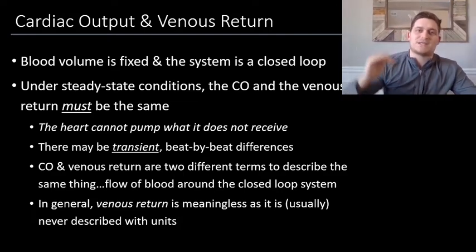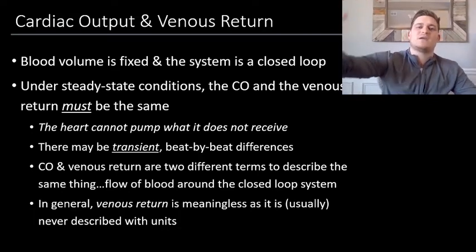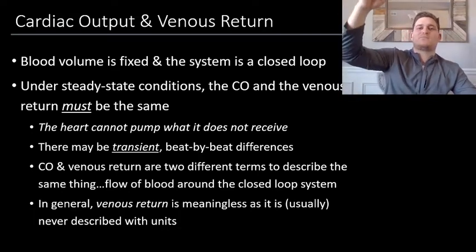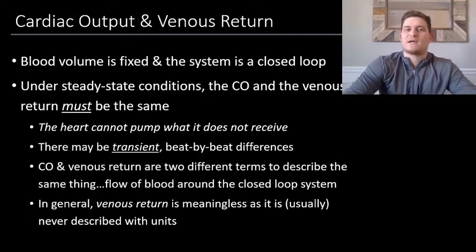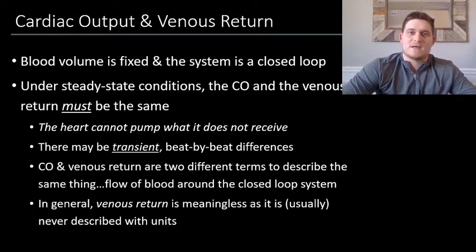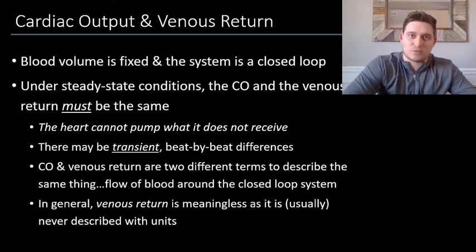So if you're going to keep up with a certain output from the heart, there needs to be enough venous return, enough blood flow returning to the right side of the heart. Now, there may be a little bit of variability beat by beat, but ultimately the flow of blood will balance out, and there is, again, this equilibrium between cardiac output and venous return.